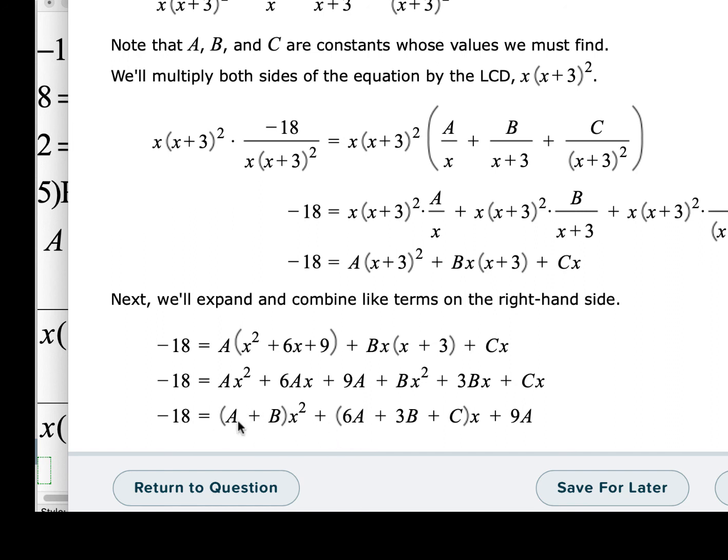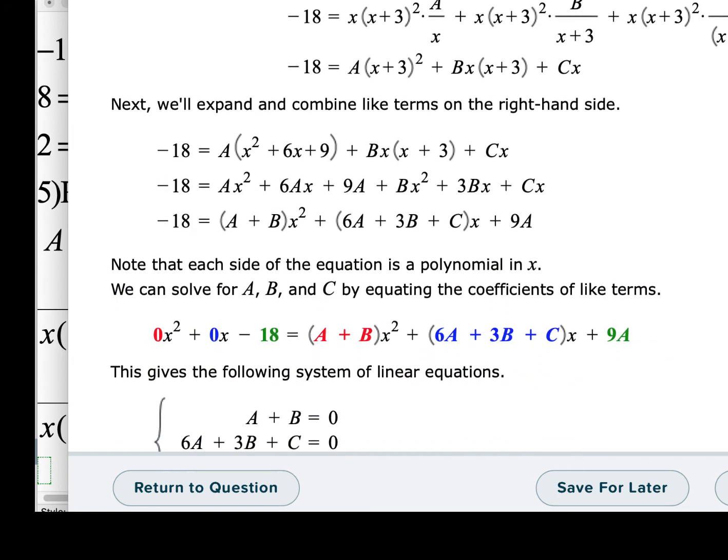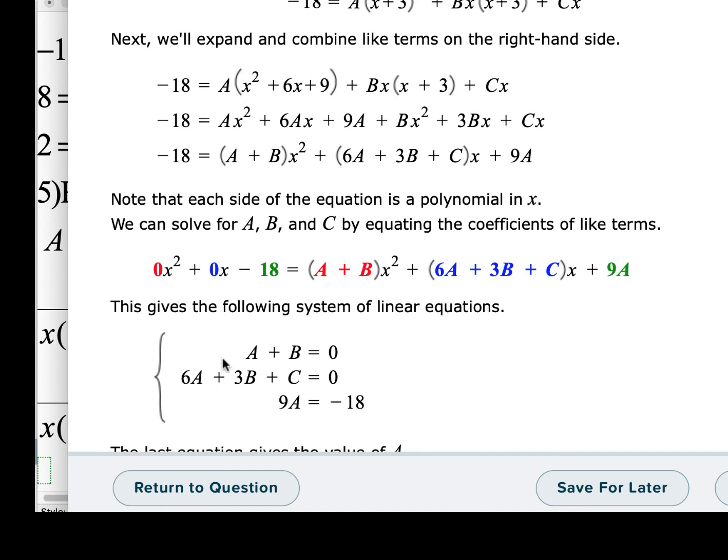And then once you get a, you can use the second one. So let me scroll down and show you the three equations that they have. So a plus b equal to 0, 6a plus 3b plus c equal to 0, and 9a equal to -18. A then would be -2, and once you solve for a, you can plug in -2 into the first one, and then -2 plus b equals 0, adding 2 to both sides, you get b equals 2.